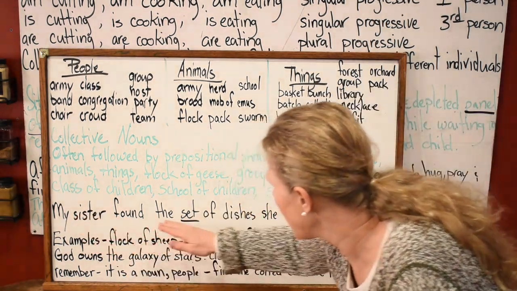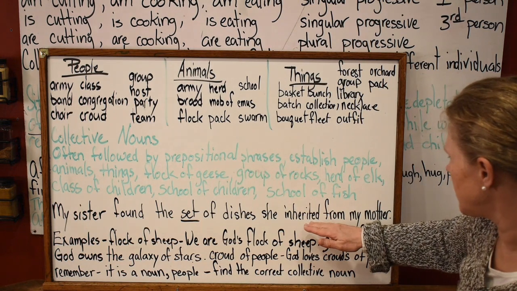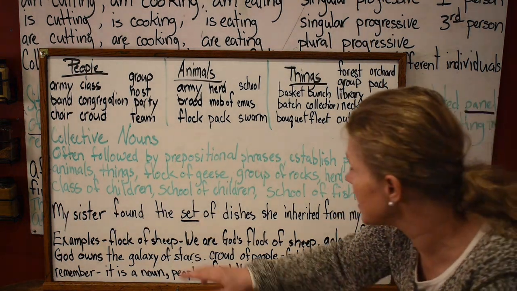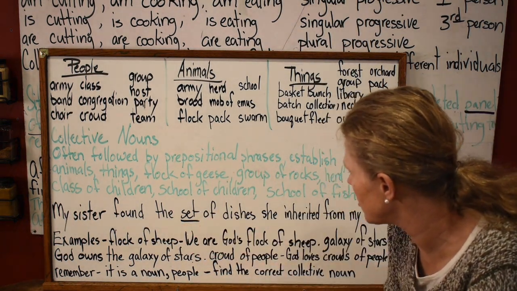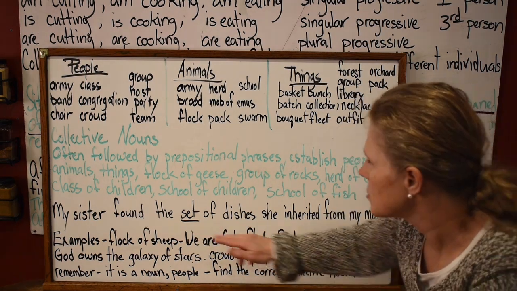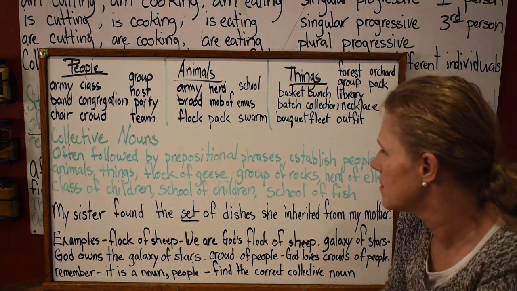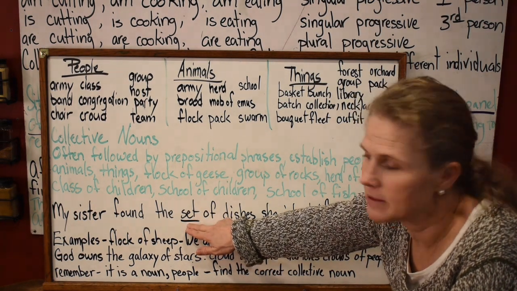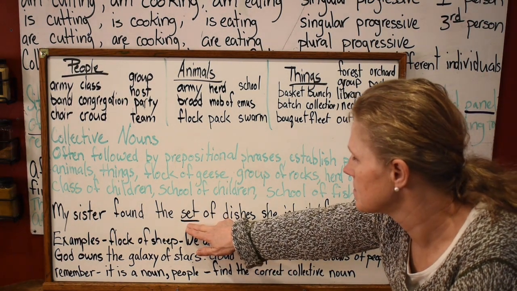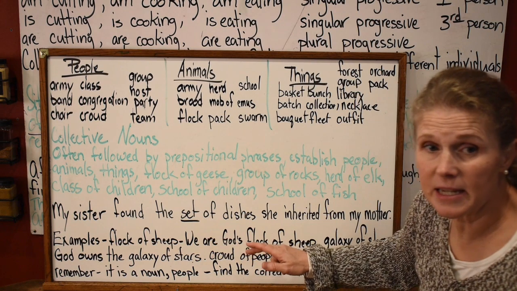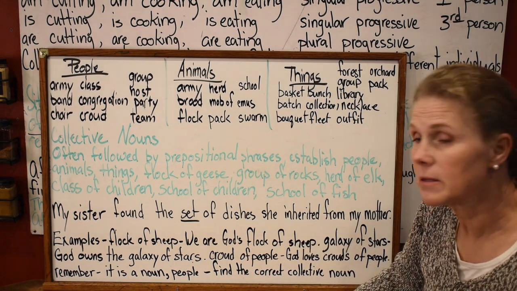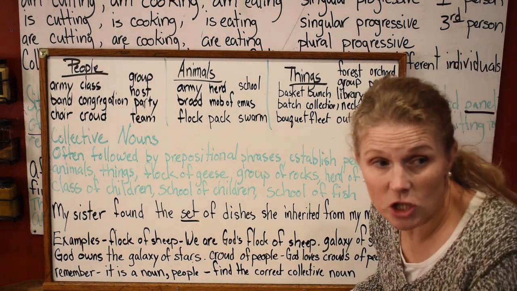Now, my sister found the set of dishes she inherited from my mother, which she did. She did find a really beautiful set of dishes. So what is this? My sister found the set. What position is this sitting in? Noun. It is sitting in the noun position, but what? Collective. As the direct object.